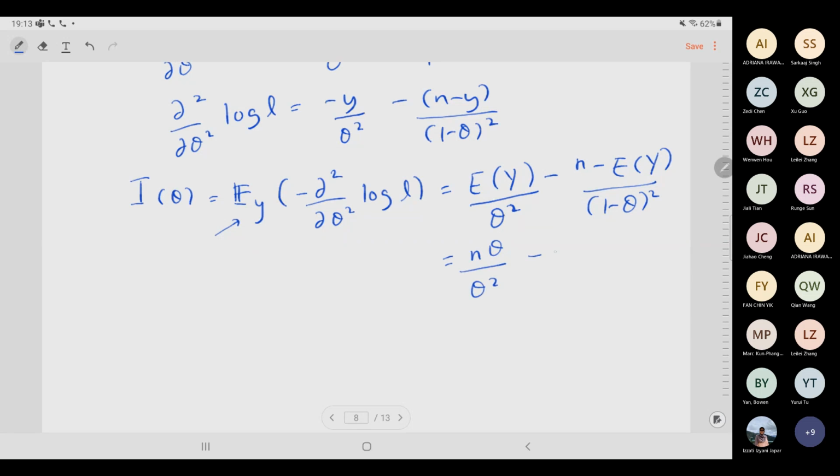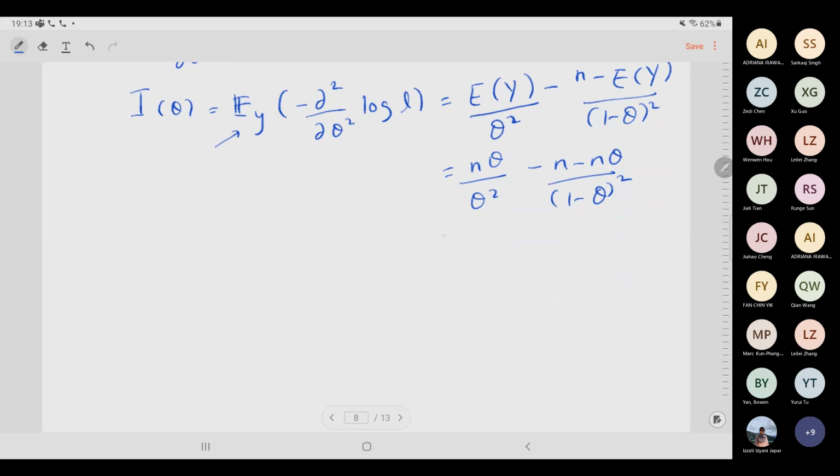And then you have n theta again, and then you simplify.